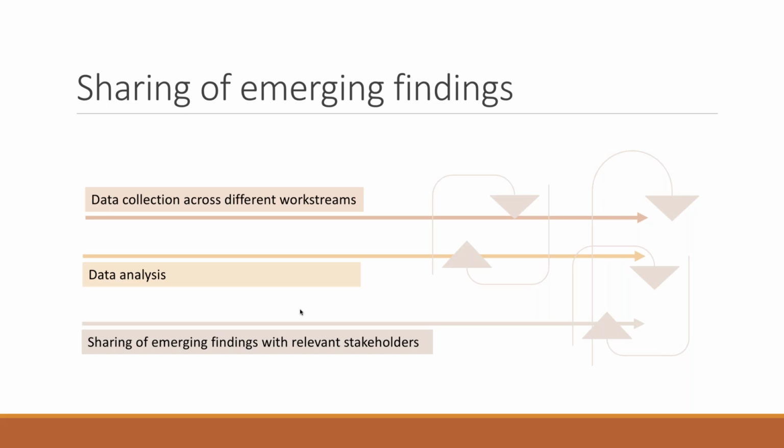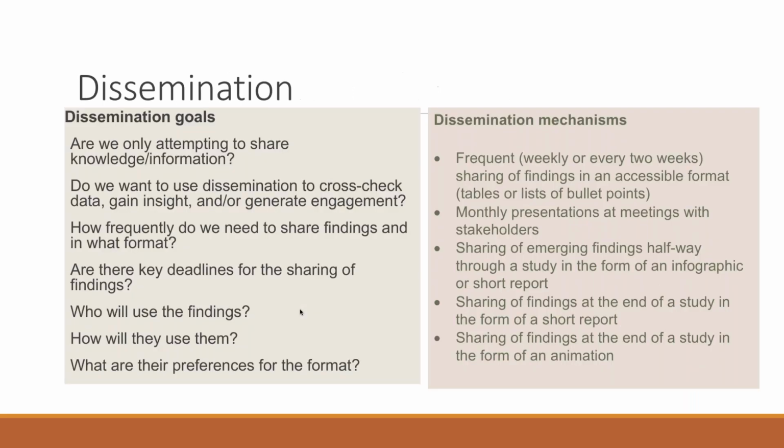So it's not something that we just do at the end. And some of the strategies that have helped us to integrate the sharing of findings in our research has been teasing out what our dissemination goals will be from really early on, what the dissemination mechanisms are, and not defining these ourselves as a team, but actually defining these in collaboration with the stakeholders who will ultimately use the findings.